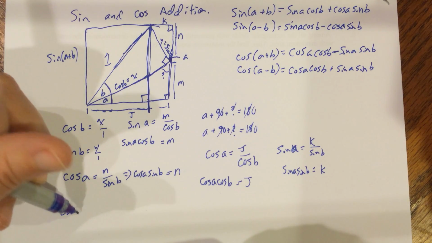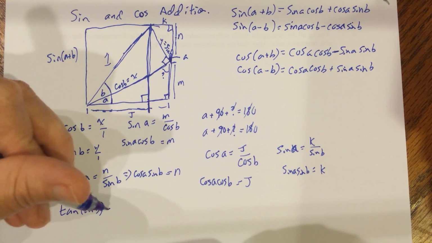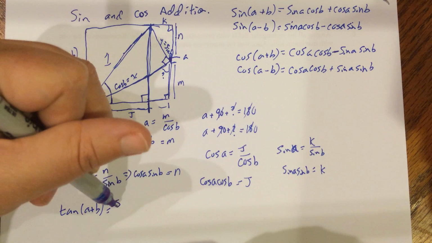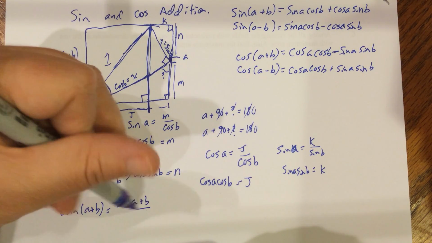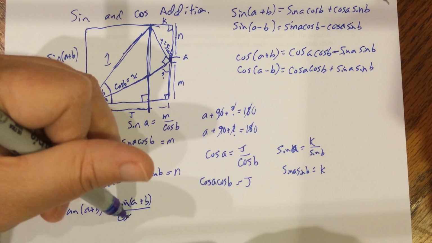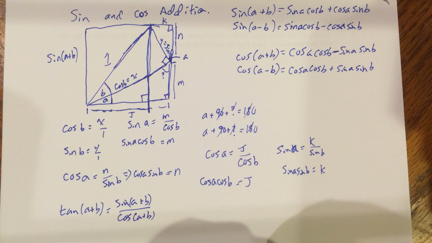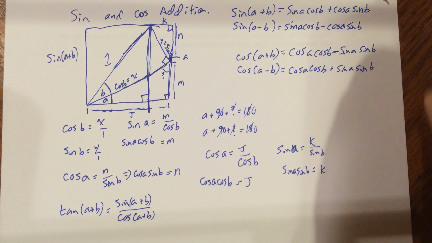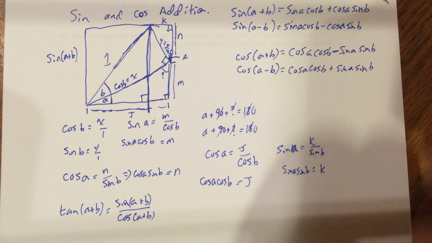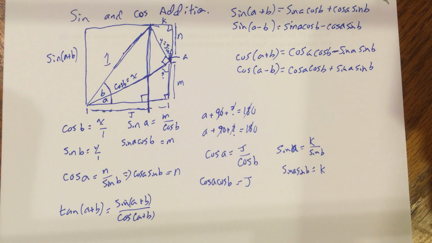If you're looking for tan of A plus B, I just need to find sine of A plus B and put that over cos of A plus B. So for less things to memorize, just go ahead and memorize sine and cosine, and you really can just memorize the addition. And if you have a subtraction, just sub in plus a negative. So we'll be using these a bit.